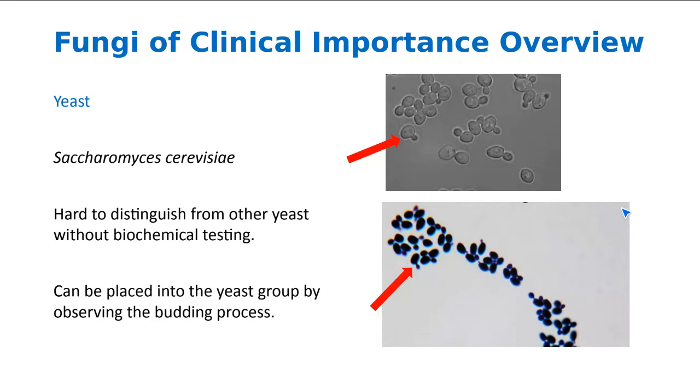Because there's no really good way to morphologically distinguish this particular cell or this particular slide with a specific yeast because they all look alike. Okay? Only if the yeast have other structures that they produce can we make some determination about them clinically. Okay? And the one organism that does that is Candida. Does anybody have any questions about yeast?